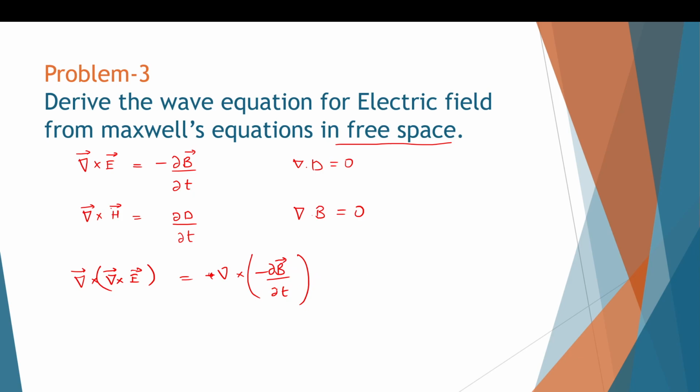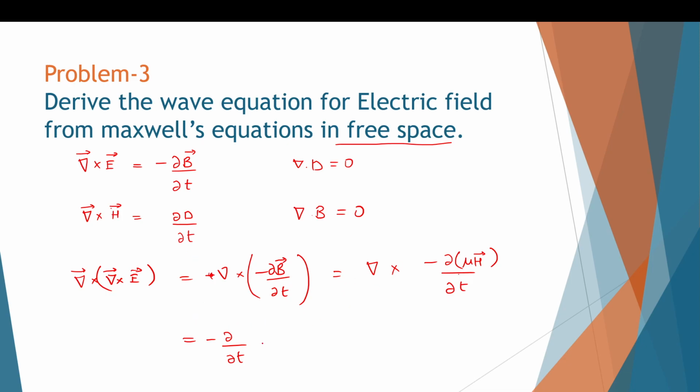In the real world, we don't have abrupt changes in electric and magnetic field. So that gives us del cross minus dou by dou t of mu H. So just as I said, this is continuous, I can bring this dou by dou t outside and the del inside. And then del cross H is nothing but dou D by dou t.